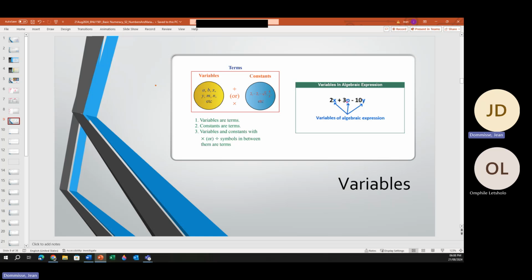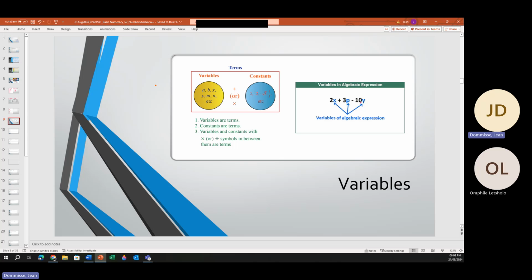And we will get examples now, where they might say something like 2x plus 3p minus 10y, and they give you numbers to replace into the expression. Or they might go a step further, where they look at formulas and you need to replace numbers and work out a y or something like that.